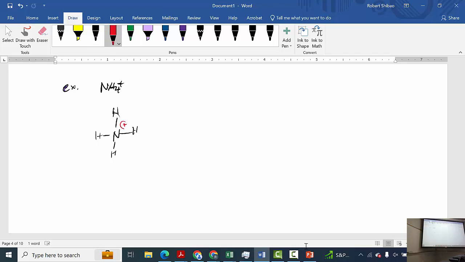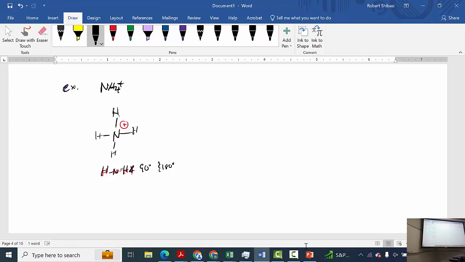So the first thing is we draw the Lewis structure. What's the formal charge on nitrogen? Plus. What's the HNH angle? If I look at the HNH angle, it looks like it is 90 degrees. Is that correct?